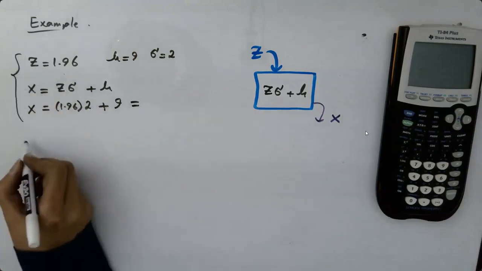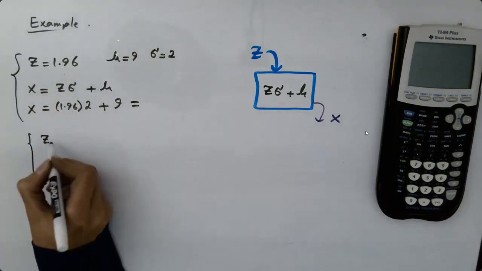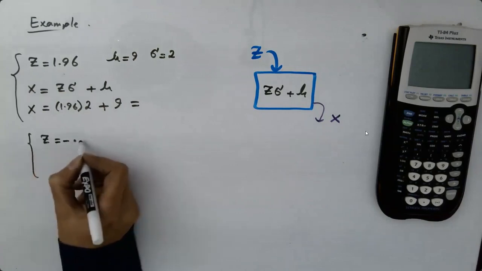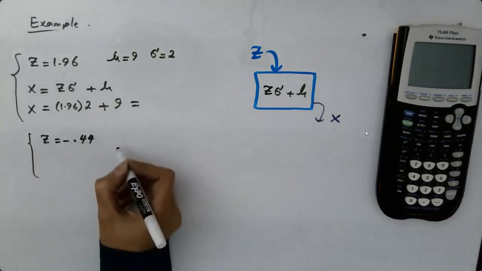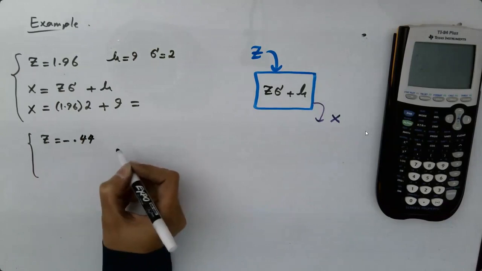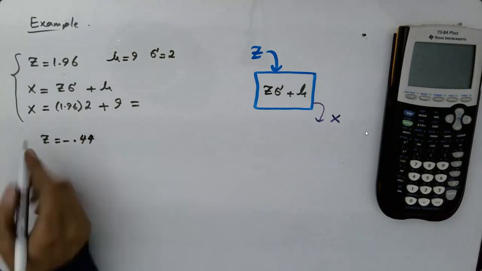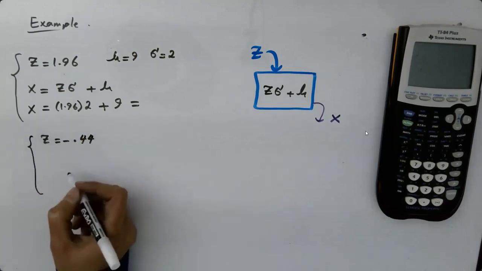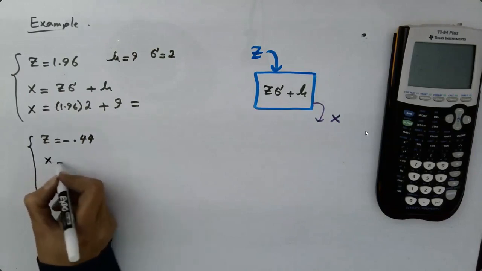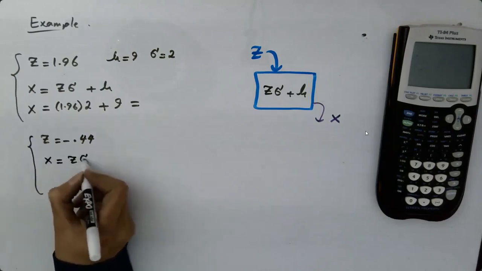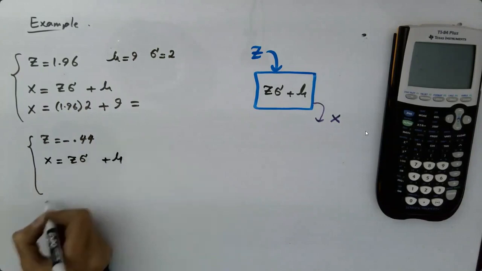The second one, z is negative 0.44. I want to know what is the weight associated with this z value. I have a formula, z times sigma plus the mean.